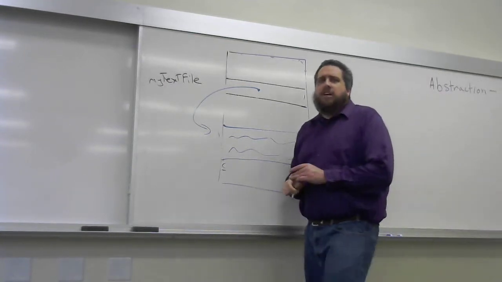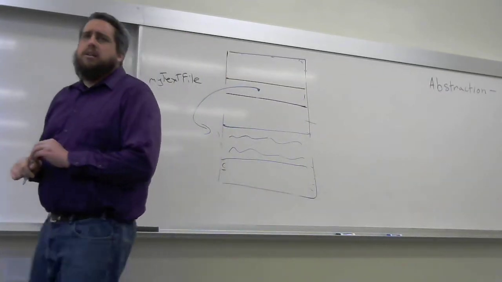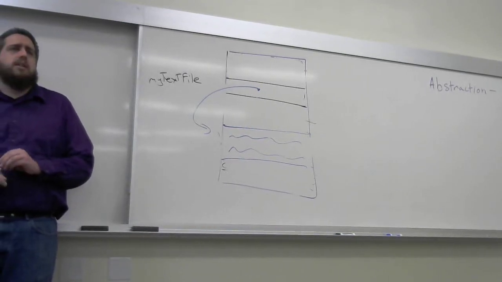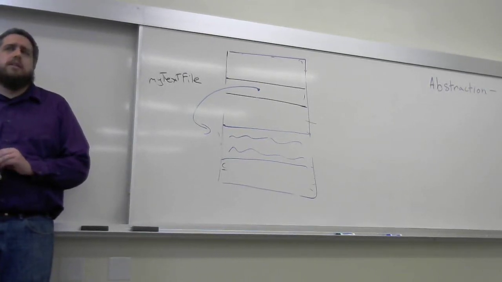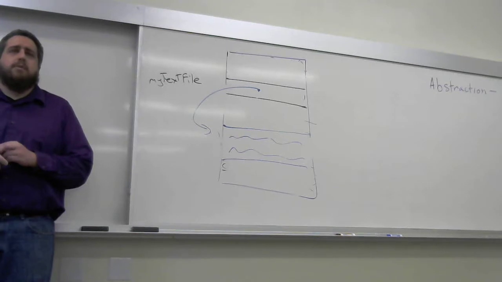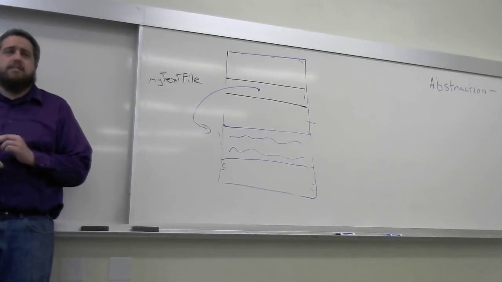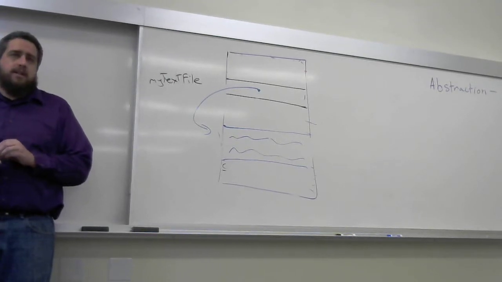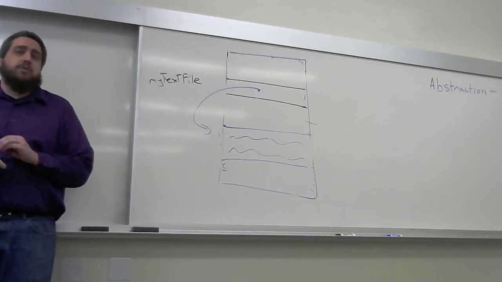Abstraction. What is an abstraction? It's like a layer of code that makes it easier for another user. Let's use the more general purpose definition of abstraction.